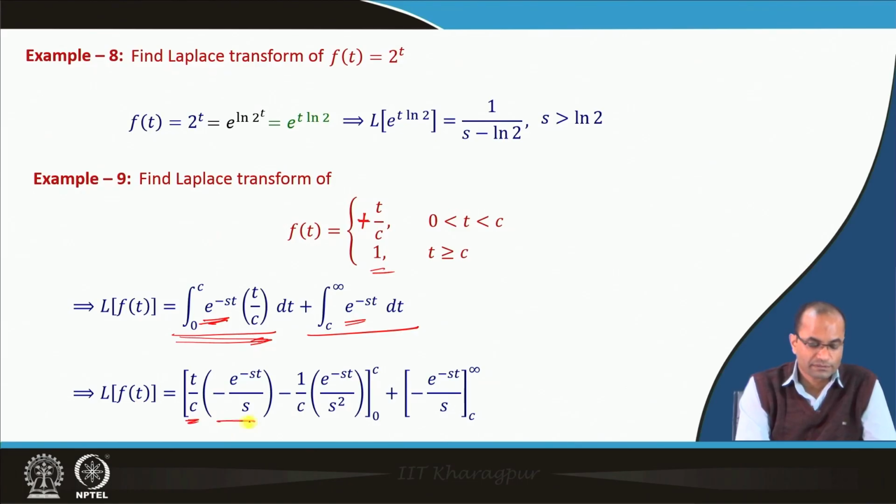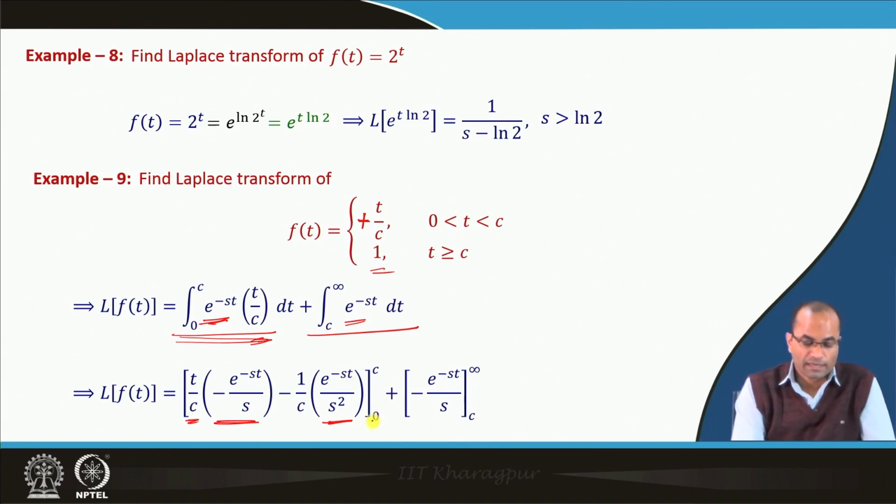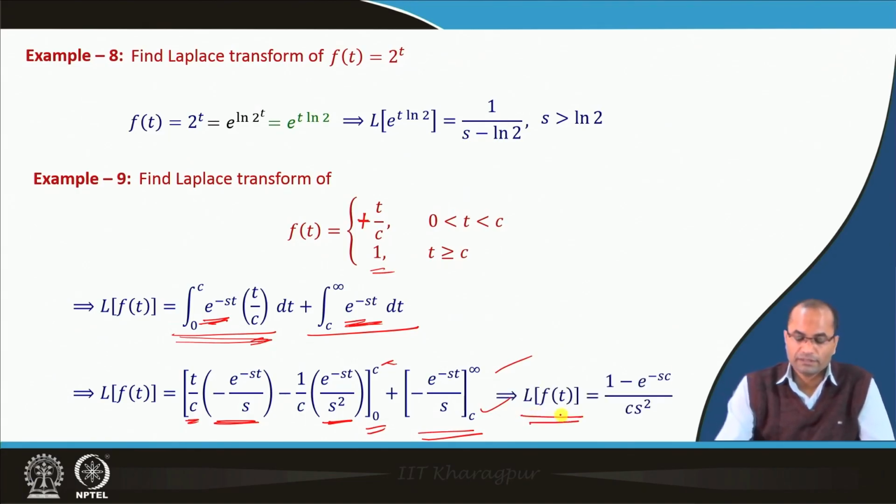Here the integration gives minus e power minus s t over minus s, and then again we have to integrate a second time. So, s square will be coming with e power minus s t over 0 to c, and then here again we have e power minus s t integrated as e power minus s t over s from c to infinity. This can be simplified to give that the Laplace transform of f of t is e power minus s c over c s square.